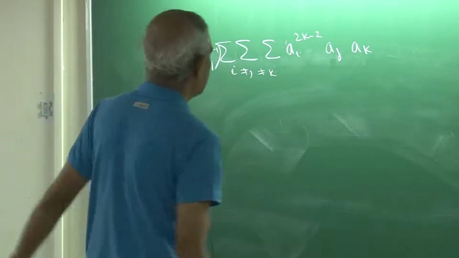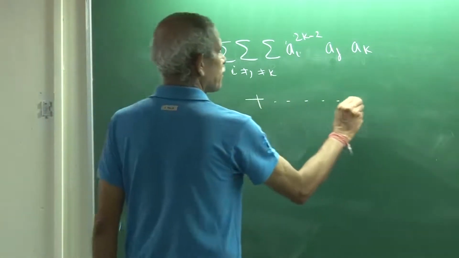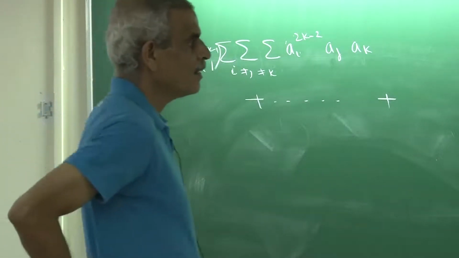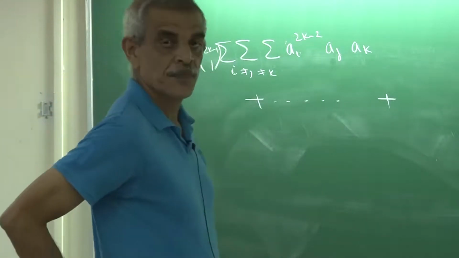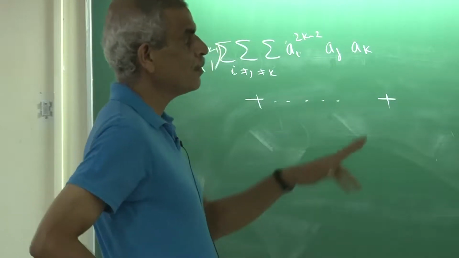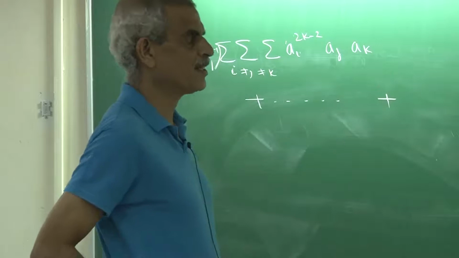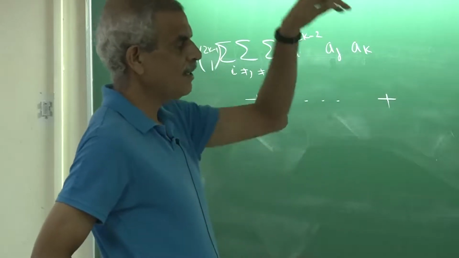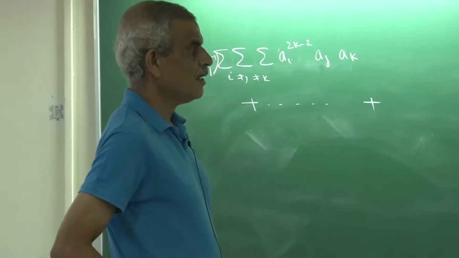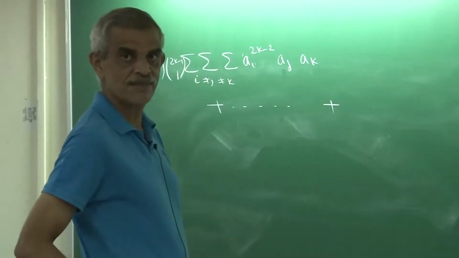Now this can keep on going. One scenario could be that from each of them only different things are coming. So there will be ai1, ai2, up to ai2k.